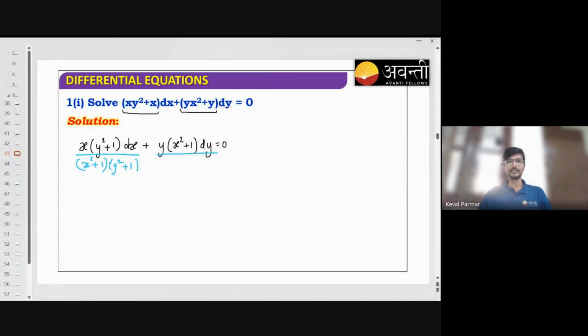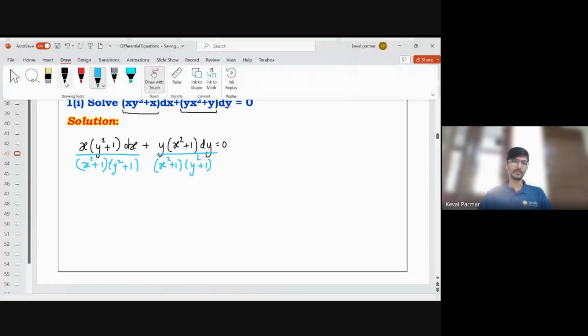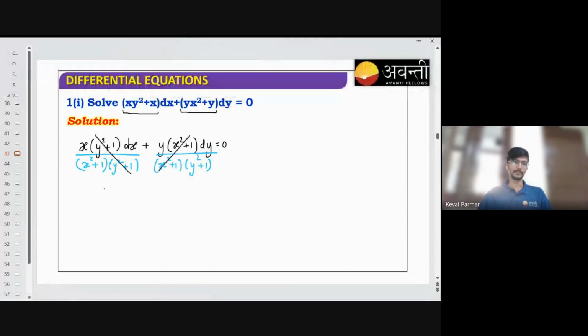Same here, we'll divide by x square plus 1 and y square plus 1. So here, y square plus 1 will get cancelled. Here, x square plus 1 will get cancelled. So we'll be left with x dx upon x square plus 1 plus y dy upon y square plus 1 is equal to 0. So simple.